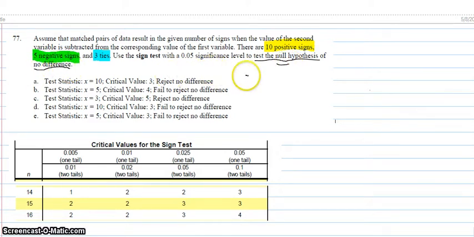So first of all, what that's telling us is our H0 is going to be no difference. In other words, they're equal.